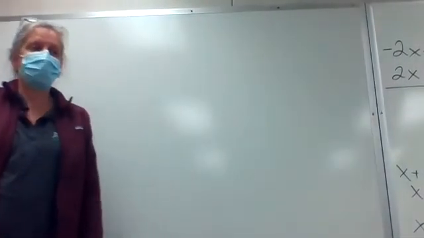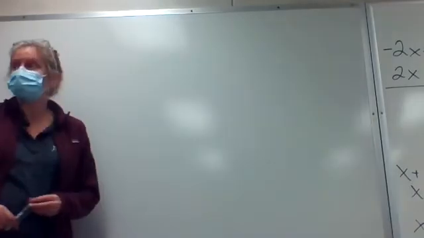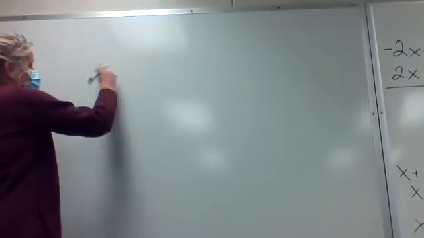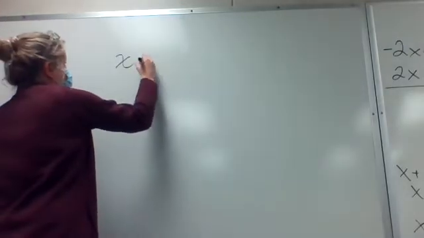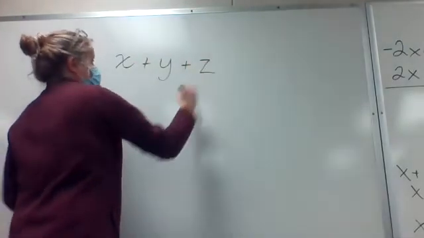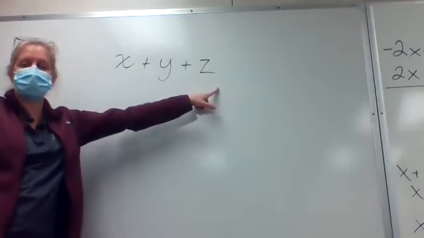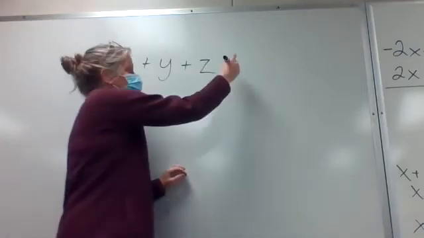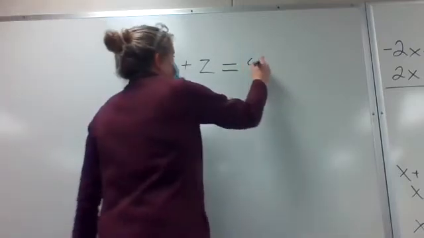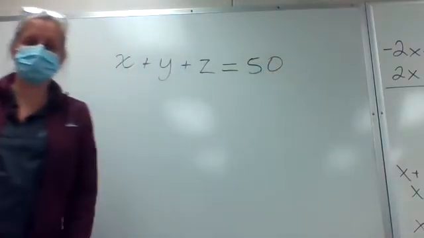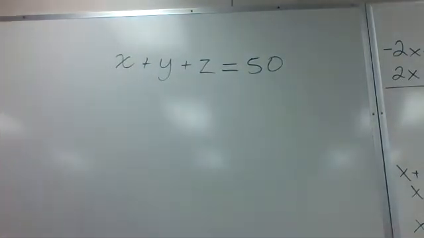If I don't know what those numbers are, I'm just going to call them X, Y, and Z. So what's the sum mean you're doing? Adding, right? So X plus Y plus Z, there's the sum of three numbers. What are you going to put in the is spot? Equals 50. And that one's multiple choice. So you just choose the one that says X plus Y plus Z equals 50.